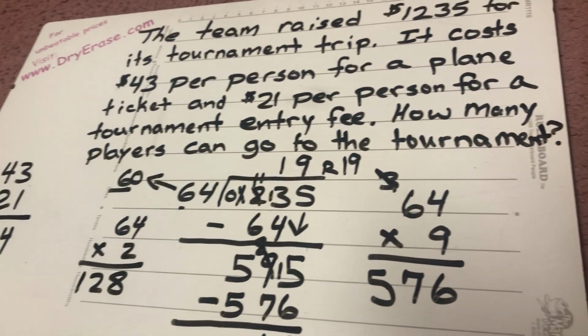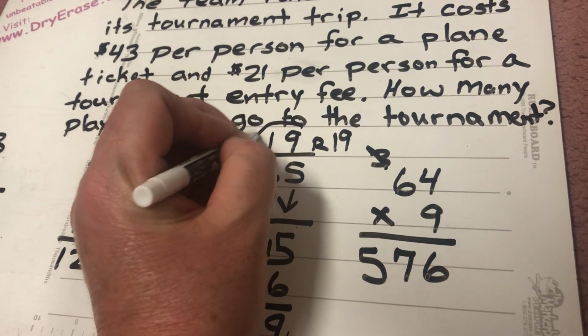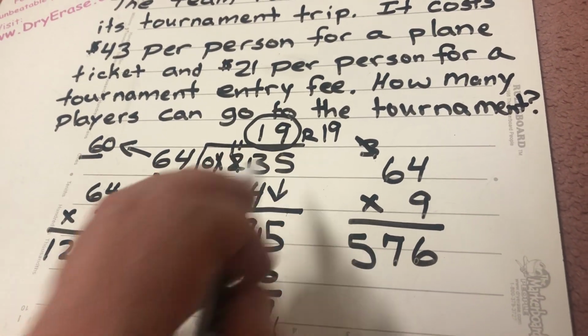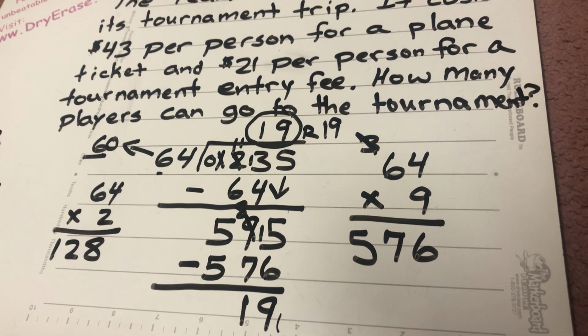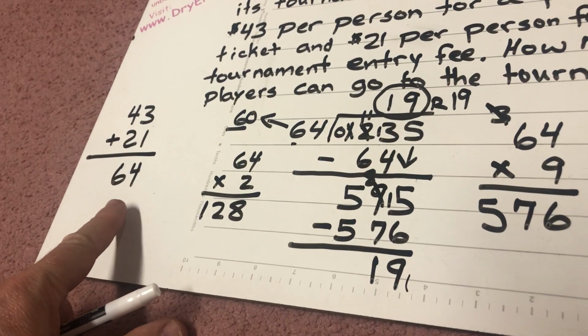So when we talk about how many players can go to the tournament, the final answer is 19 because the $19 that are left does not leave enough to send another person because it costs $64 to go to the tournament.